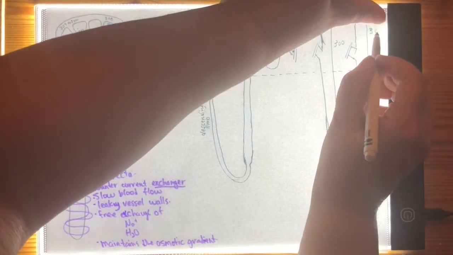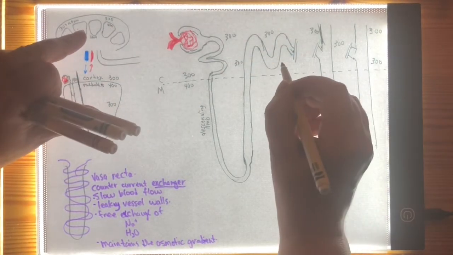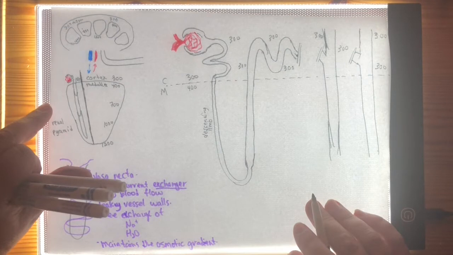And additionally, we're going to go ahead and draw the one number we know very well, which is that there's 300 milliosmoles throughout the entirety of the cortex. So we're going to put that everywhere to remind ourselves that everywhere in the cortex, the saltiness of the cortex, the osmolality is going to be 300, which is the same as the synovial fluids inside of the elbow and your lymph. And all of the fluids of your body are 300, and so is this fluid in the cortex.